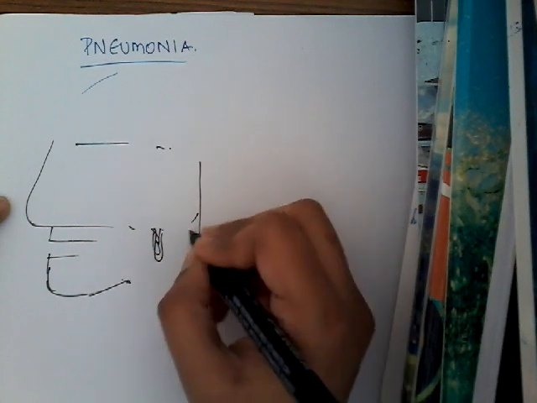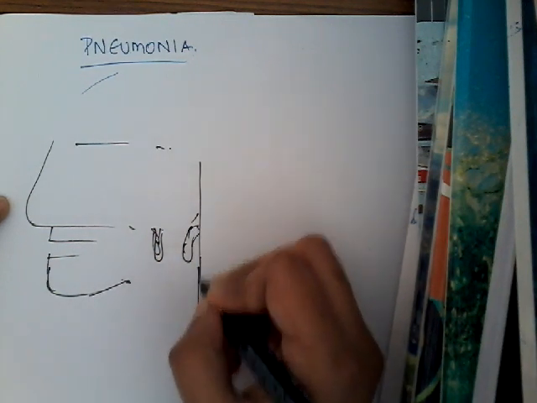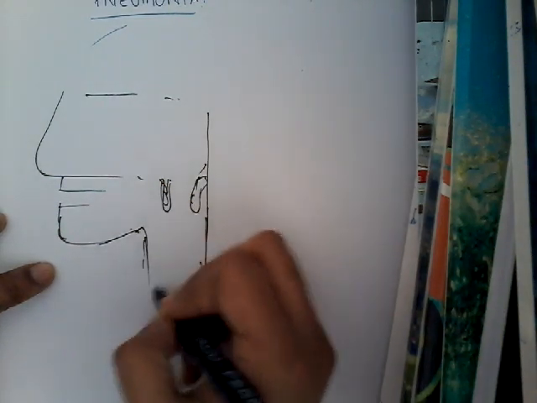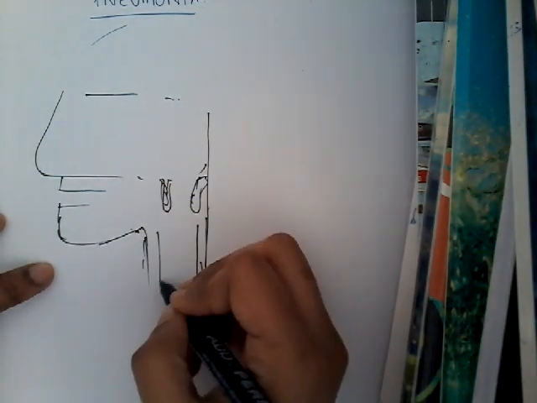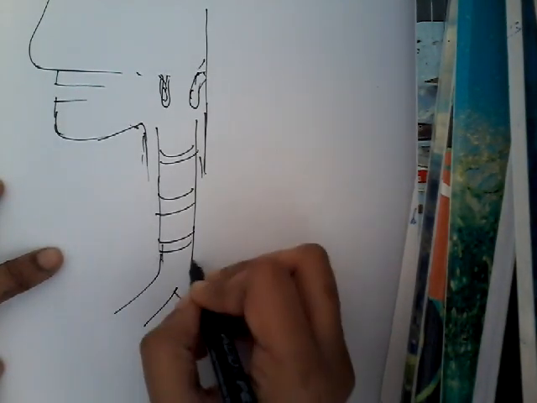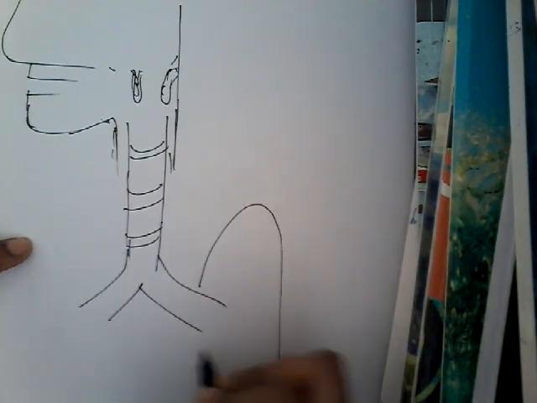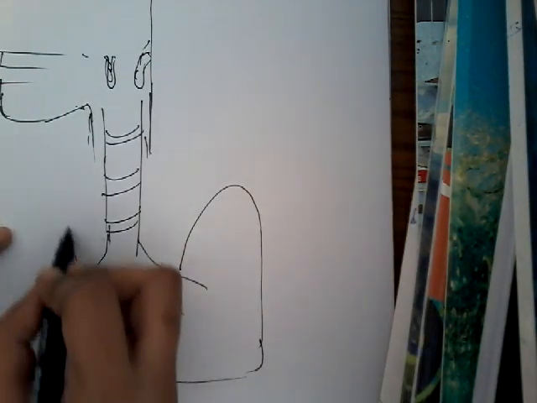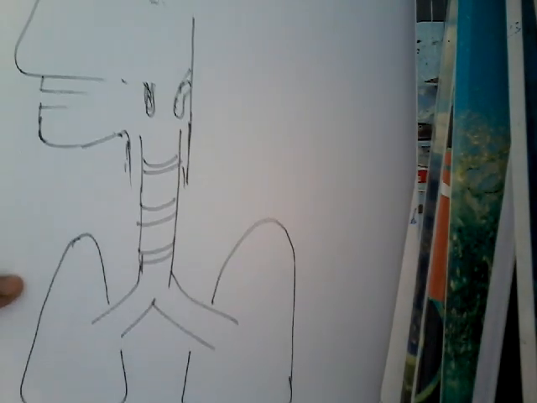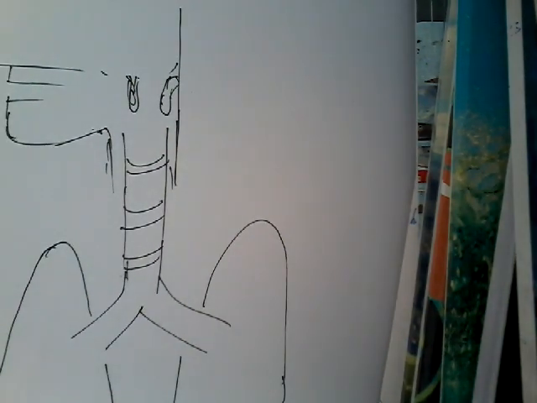Not here, it's somewhere here there'll be the uvula. Okay, this is the nasopharynx, then the trachea, and then you'll have bronchi, and then you will have the lung. It is just a diagrammatic picture to represent, it's not anatomically correct.